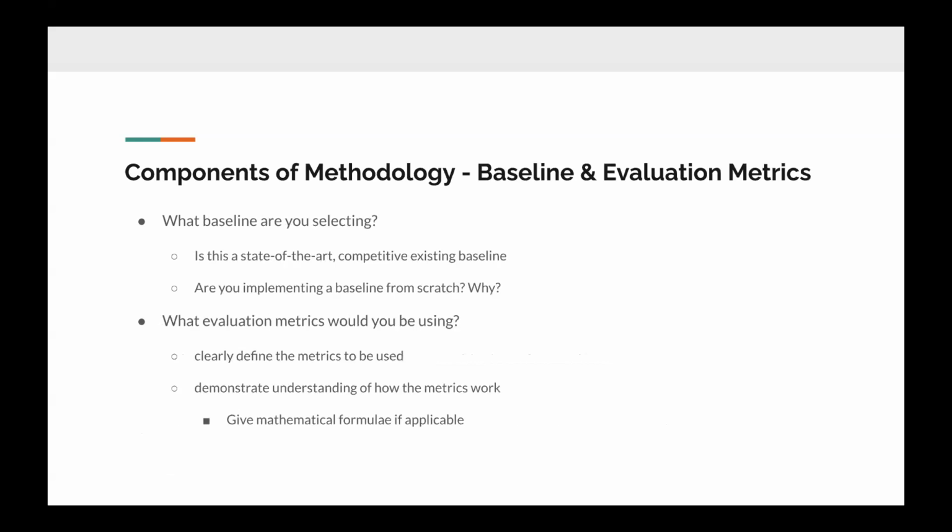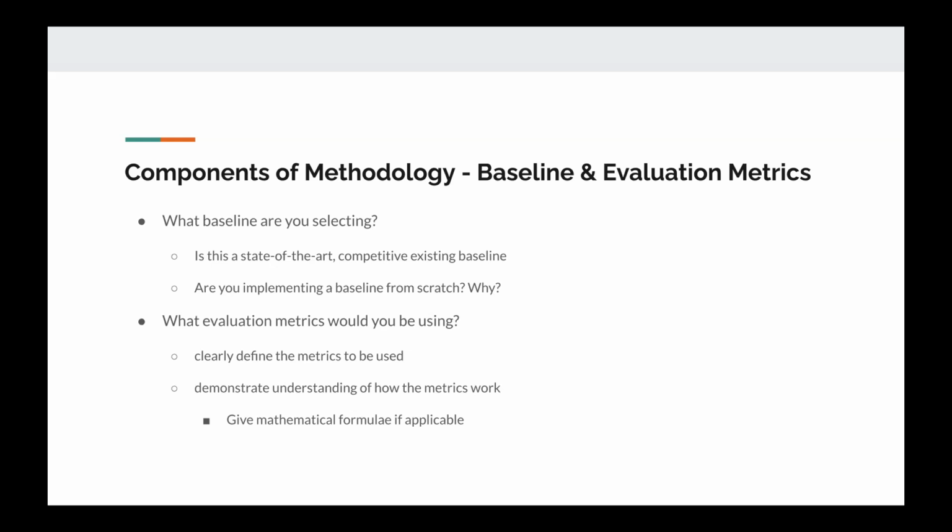The next thing, still under methodology, is you should discuss your baseline and evaluation metrics. The baseline is sort of a solution that exists already, or a combination of solutions that exist already, and you believe that your new solution is better or will be contributing more, to improve the baseline.